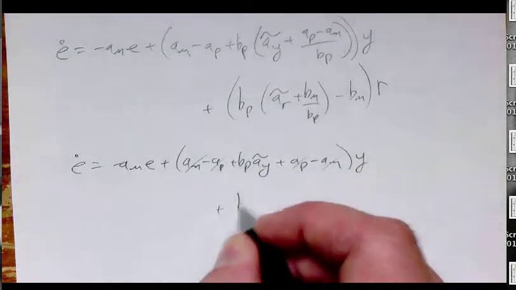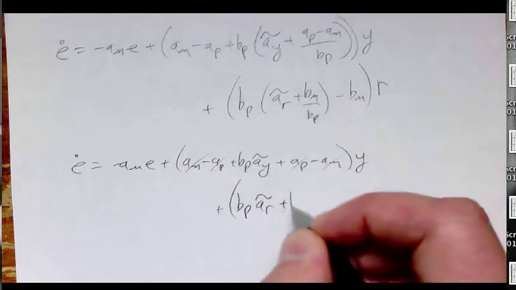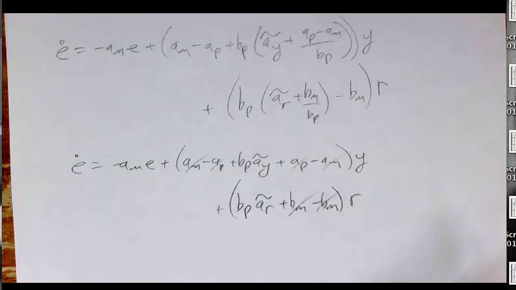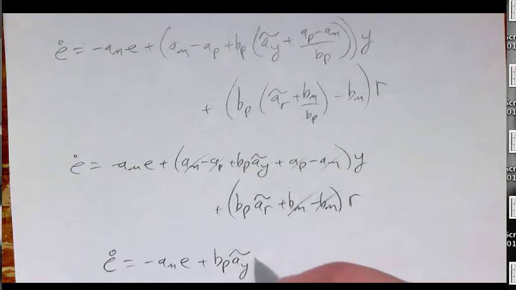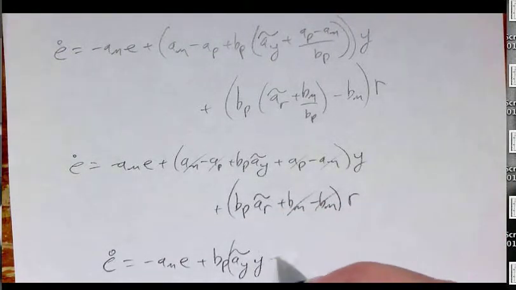And then this will be a BP AR tilde plus BM minus BM times R, and obviously those cancel, and so we're left with E dot is a negative AM E plus BP AY tilde, and I'll pull the BP out as we're supposed to, times Y plus AR tilde times R.